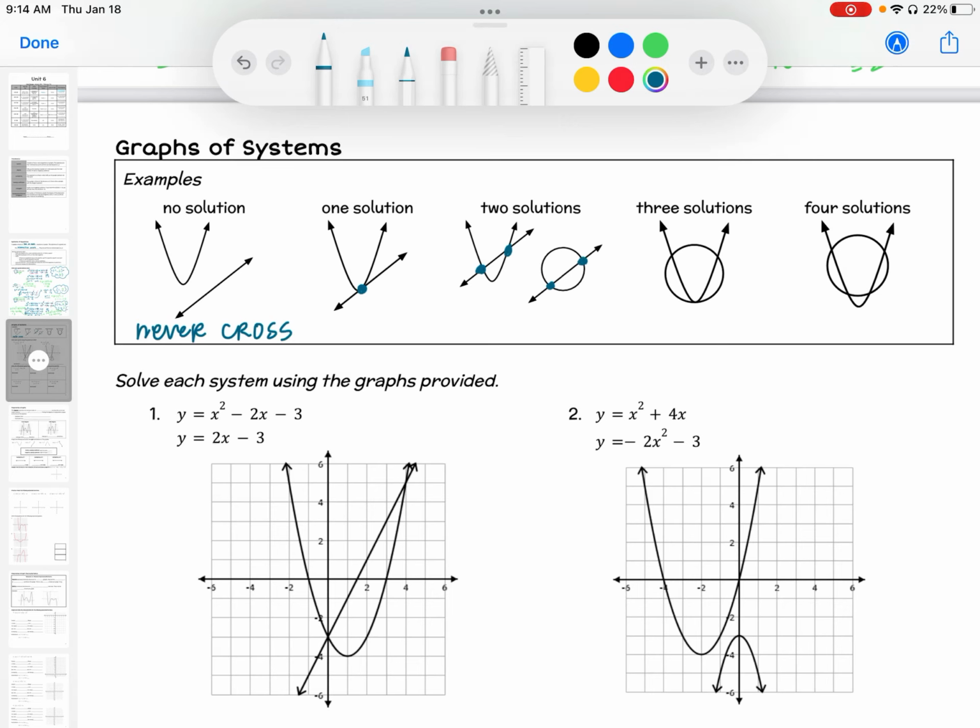They touch in two spots. Three solutions, you have a quadratic and a circle that touch in three spots. And four solutions, you have a quadratic and a circle that touch in 4 spots.